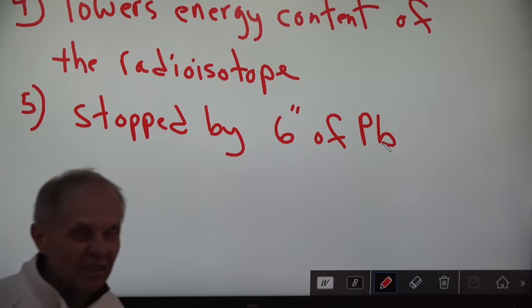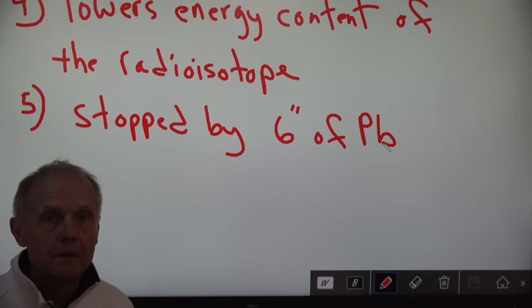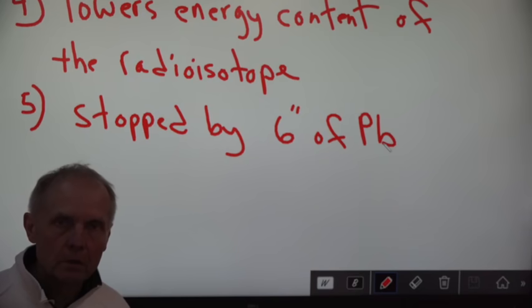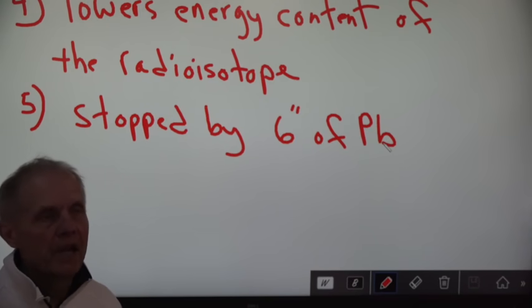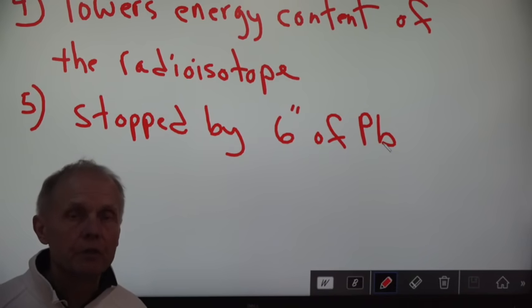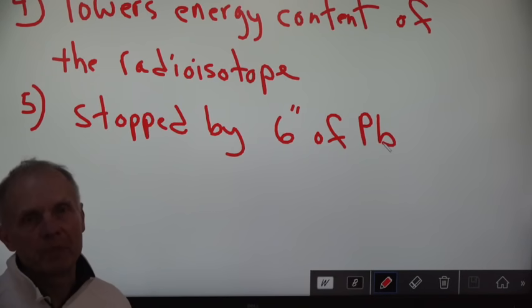You need at least 6 inches of lead, or you have to be underground over 30 feet down, or you can have about a 6-foot thick reinforced concrete and steel structure. That would stop it.